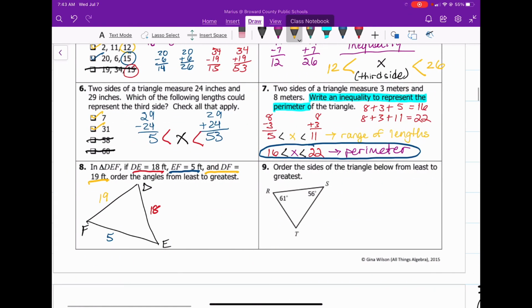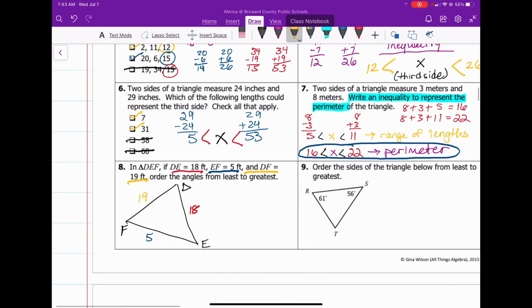So if I want to identify the largest angle, and angles here are going to just be the letters. We got to go from least to greatest. It says least to greatest, so smallest to largest. So the smallest angle is opposite the smallest number, the smallest side. The smallest side is 5, right?